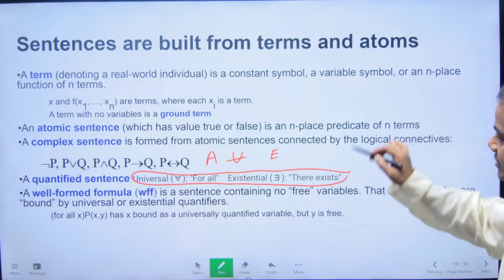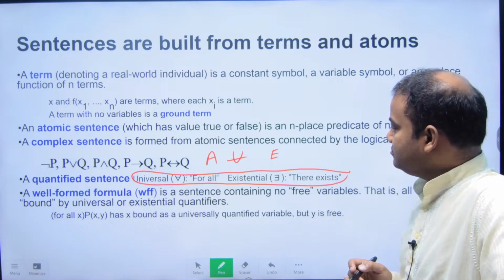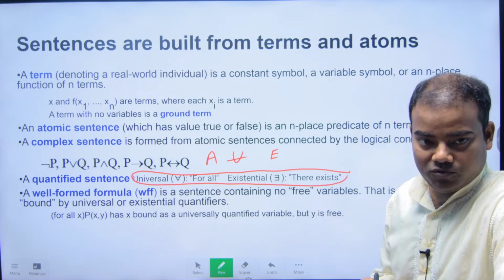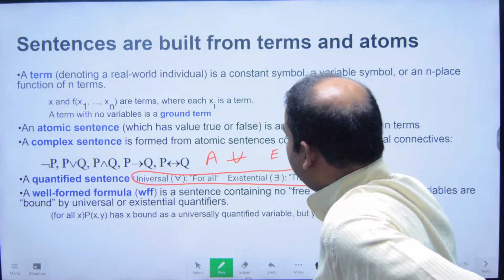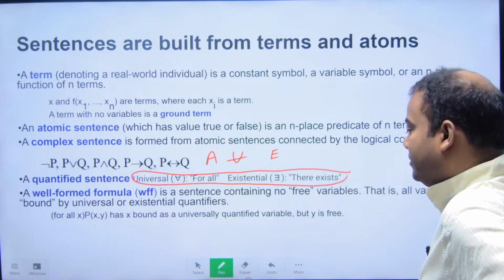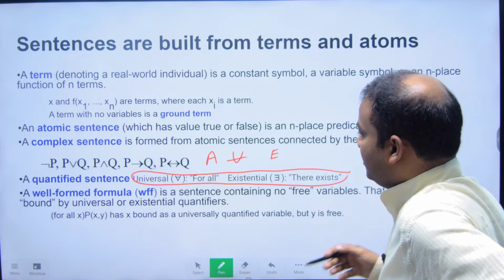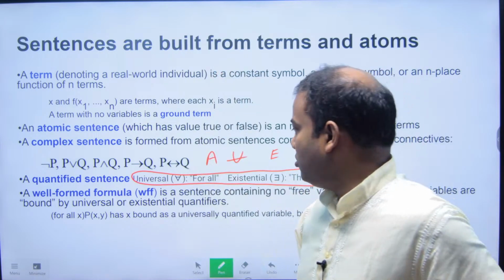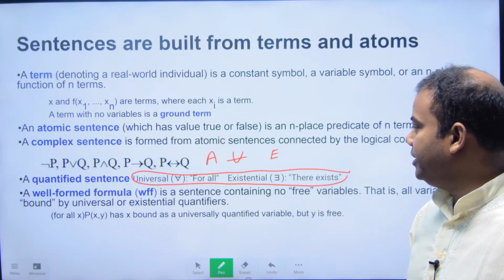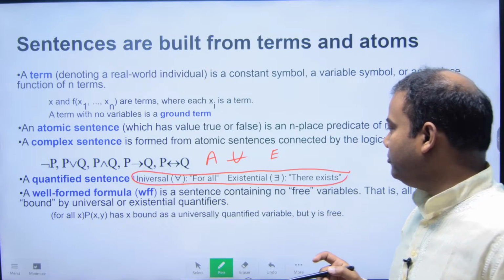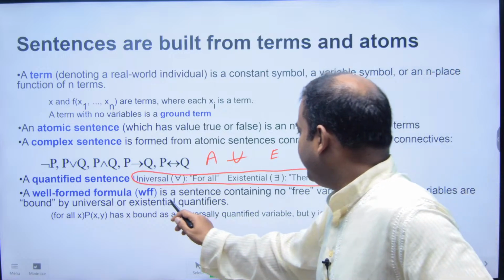If you write like this, then that is called predicate calculus. Okay. And in predicate calculus, in the GATE exam, normally it is asked which among these are not well formed formulas, and normally it is asked for predicate calculus. So you have to look at here.